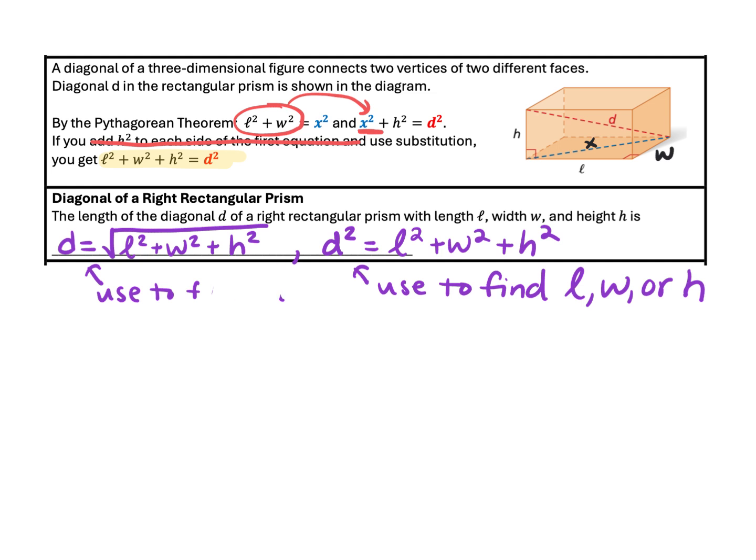No matter what, you're still going to have to square root at the end, but that one just works nicely if you need to rearrange it to solve for L, W, or H. Both equations are the same. The first one just undoes the square root by square rooting each side.